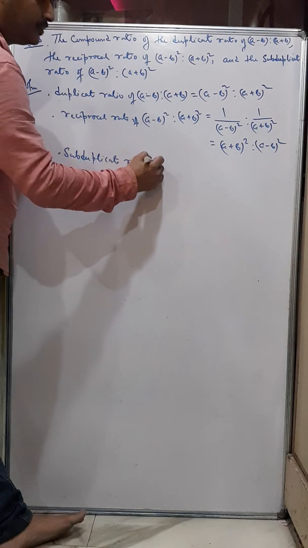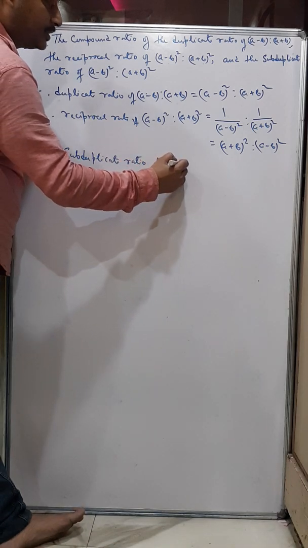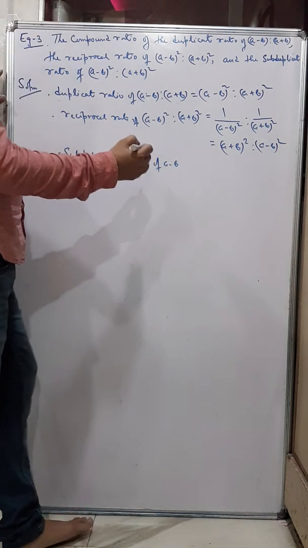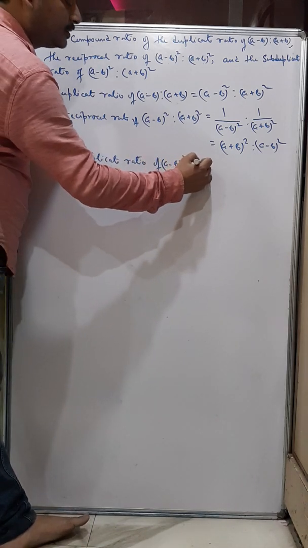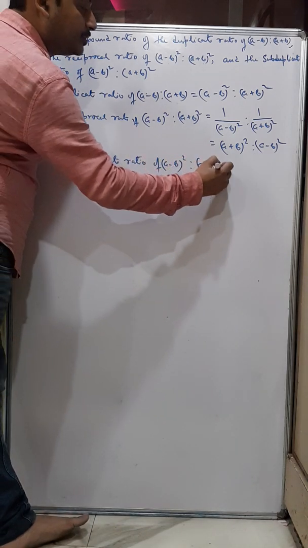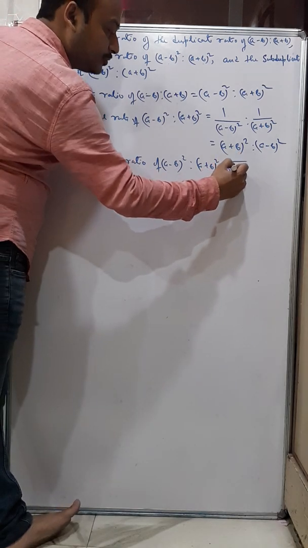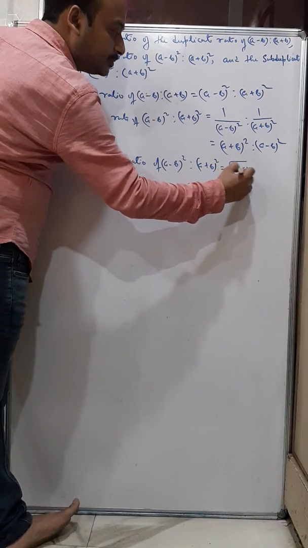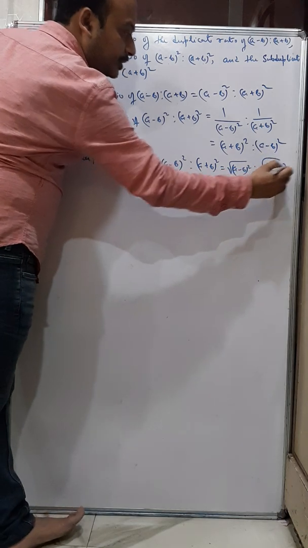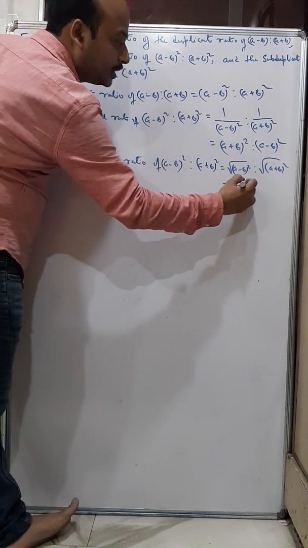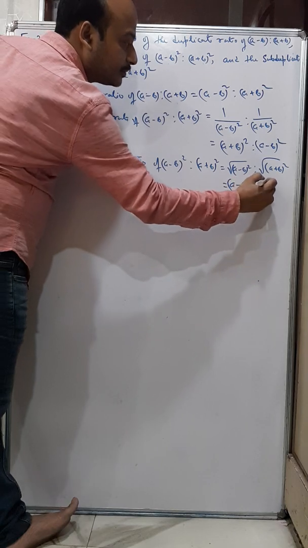Subduplicate ratio of (a minus b) whole square is to (a plus b) whole square. That means square root over square root: a minus b whole square is to square root of (a plus b) whole square, and that becomes a minus b is to a plus b.